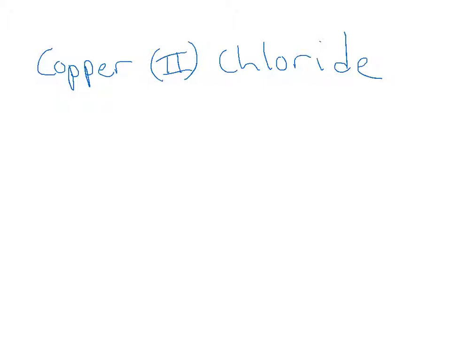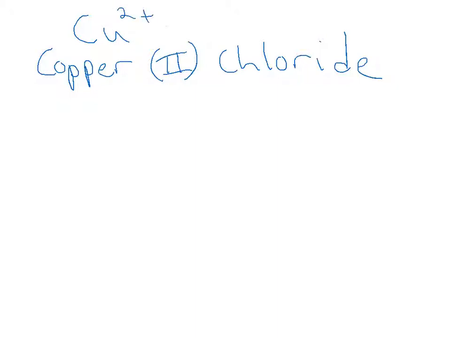A lot of the transition metals lose a variety of electrons. We just don't know how many they lose. What we have to do is look at the name of the compound to help us figure out how many electrons, in this case copper, will lose. So using the type of example that we did on the previous slide, we look at our copper, and that Roman numeral 2 tells us that the copper has a 2+ charge.